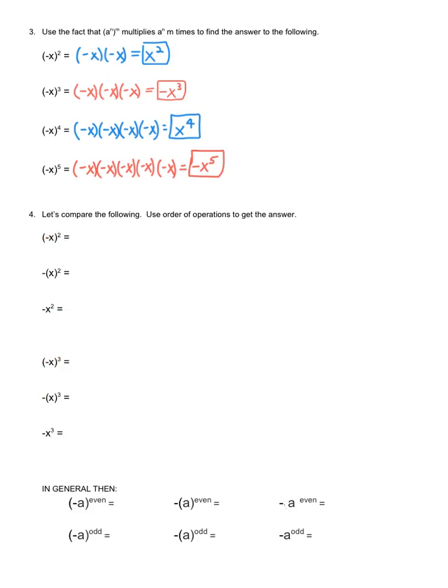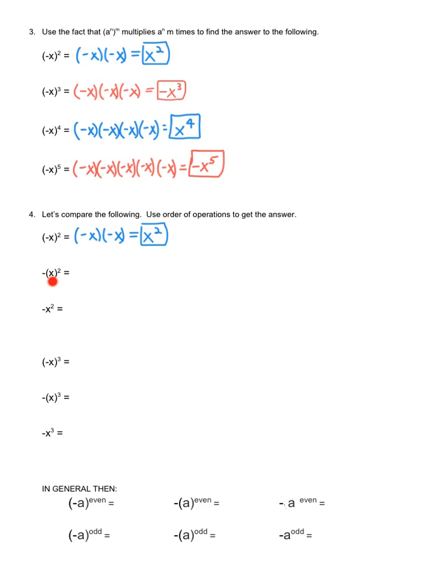We already saw on number 3 that (negative x) squared is positive x squared. Again, whatever was inside the parentheses is being multiplied twice, so that's why we had negative x happening twice. On the next problem, we have negative (x) squared.